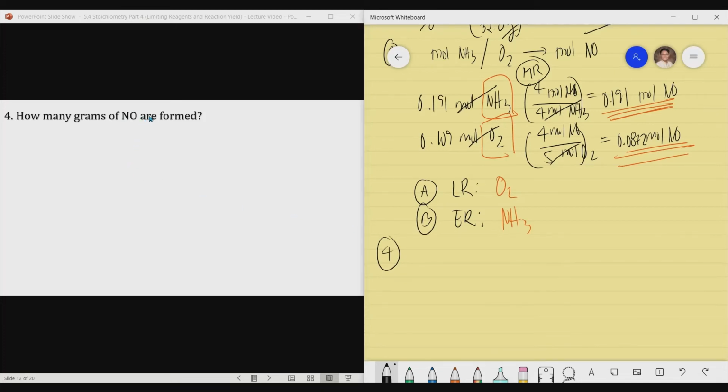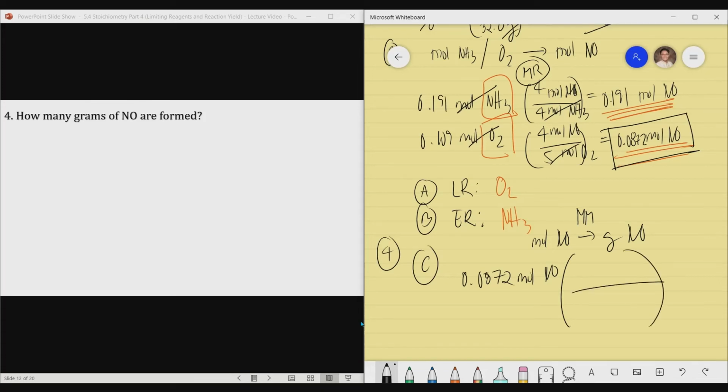How many grams of NO are formed ay magbabase ka or gagamitin mo ang pinakamababa na value ng mole NO para masagutan tong number 4 or yung letter C. So using the value of the mole unit from the computed limiting reagent, that is 0.0872 mole unit of NO, siya po yung gagamitin natin. So we will be converting mole NO into grams NO. Using what? Using the molar mass of nitrogen monoxide.